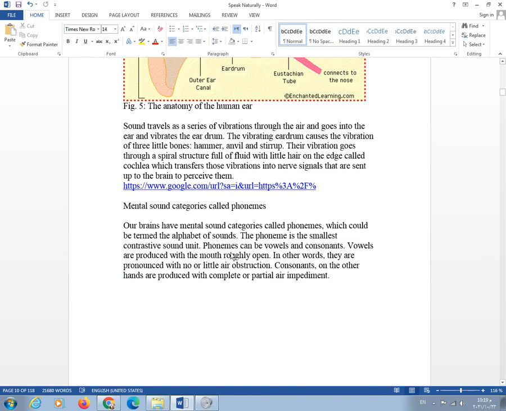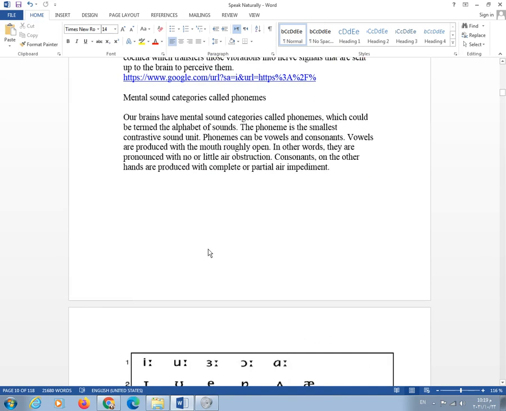And in our brain we also have a number of mental sound categories called phonemes, and phonemes, as we said, are the small sound units, and they represent the alphabet of sounds, just like letters. So we replace letters with phonemes, as we said before in the previous years.